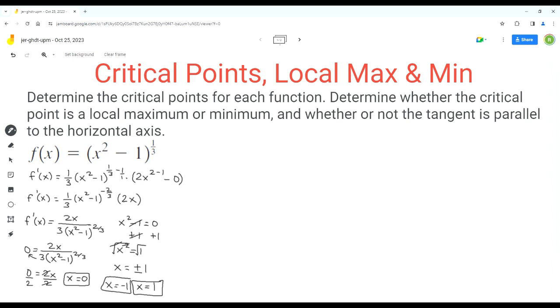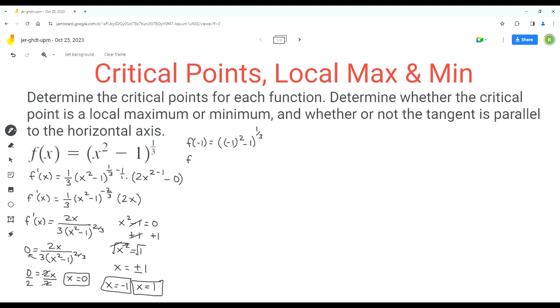Now to find the critical points, we should sub in these x values one by one in the given function to find the function value. So let's start with x equals -1. So f of -1 equals (-1 squared minus 1) exponent 1 over 3.